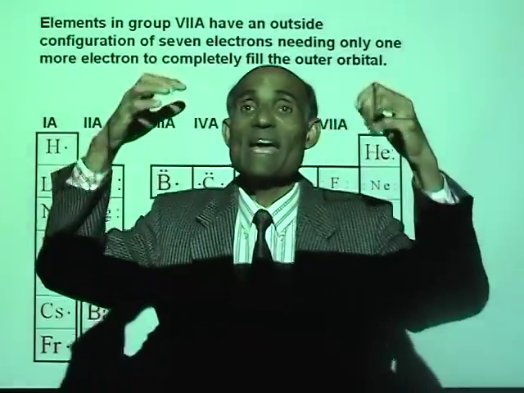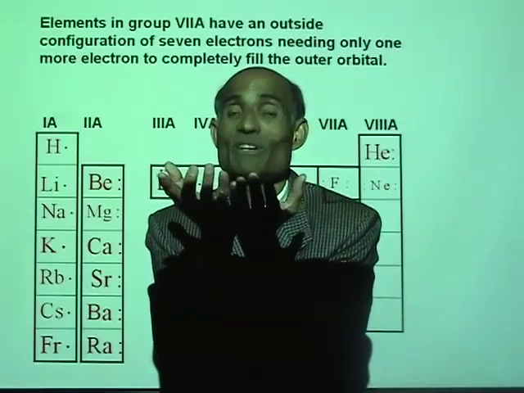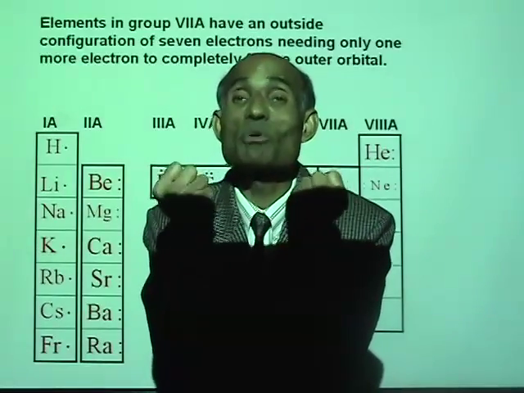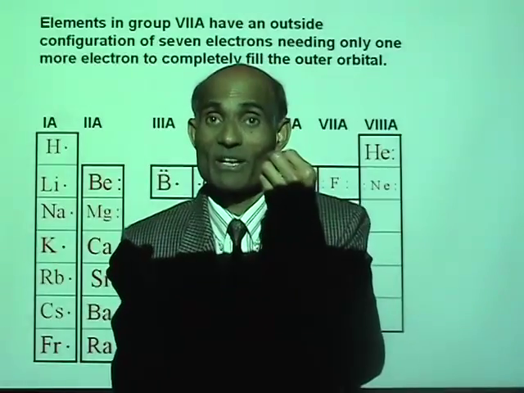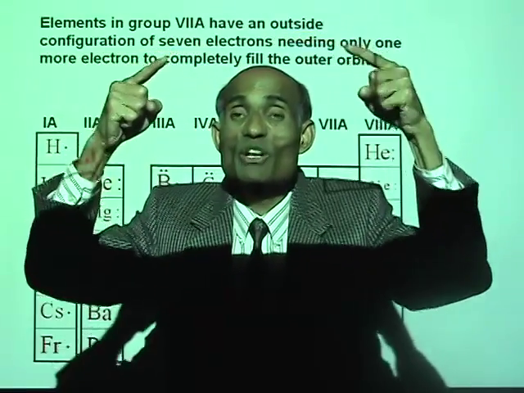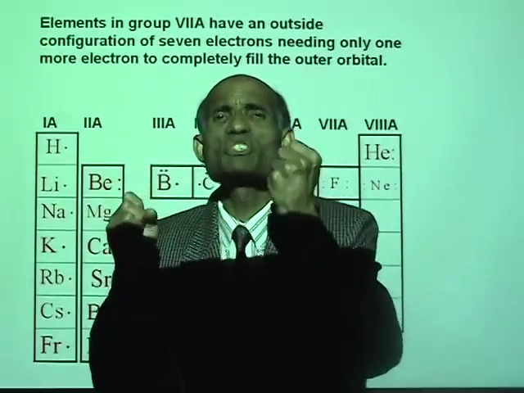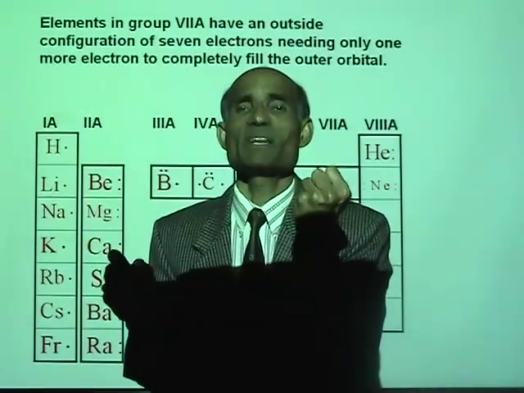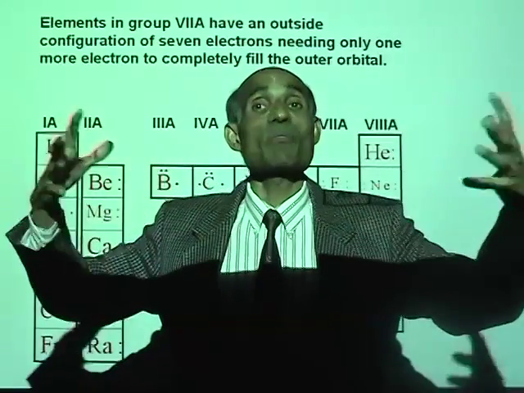The 8 electron configuration in the outer orbit is a very stable configuration. That means if an element has the 8 electron configuration in the outer orbit, it's a very stable element. In other words, it will not want to react with any other elements.